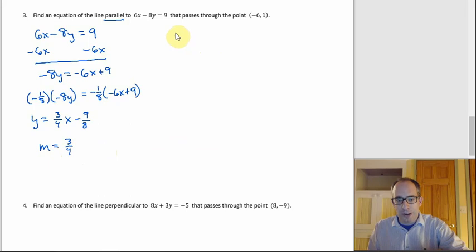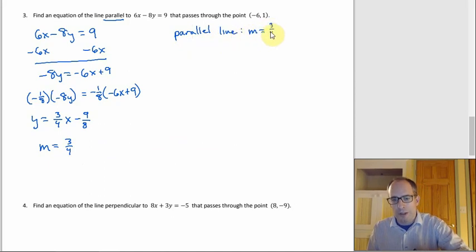So then over here, to get the parallel line, what we know is that we're going to need the same slope, so slope of 3/4, and then the point is going to be negative 6, 1. And what we're going to do is use the point slope form. Since we have a point and the slope, it makes sense that you would want this, right?